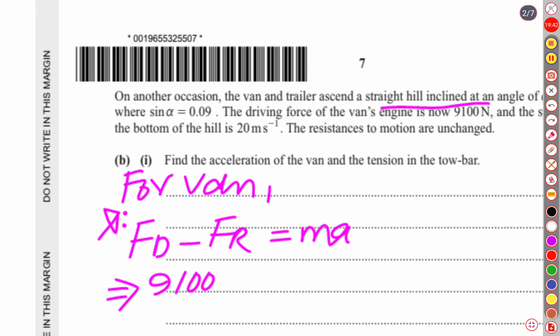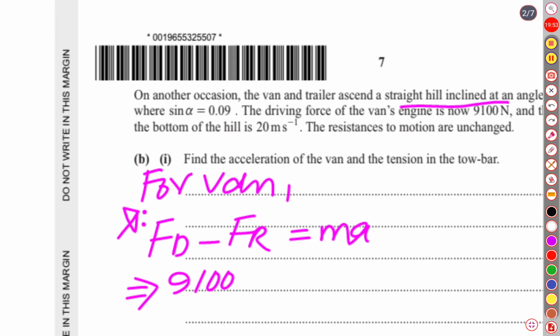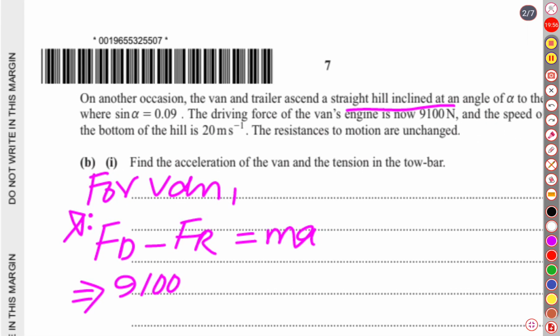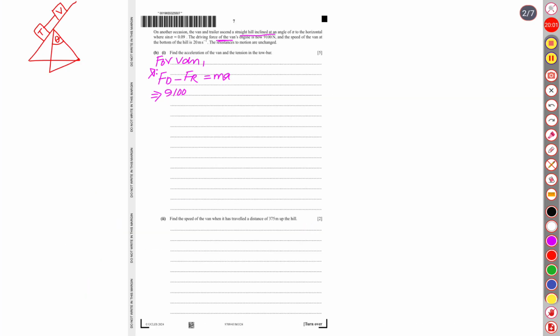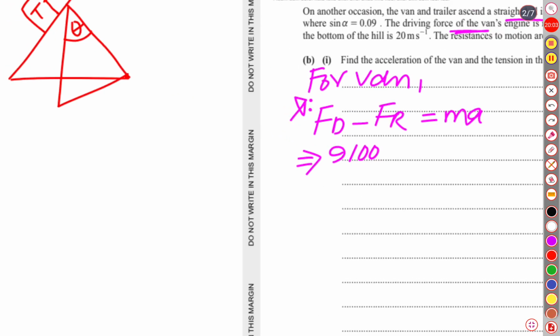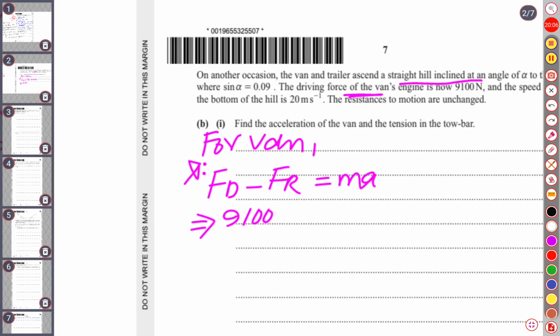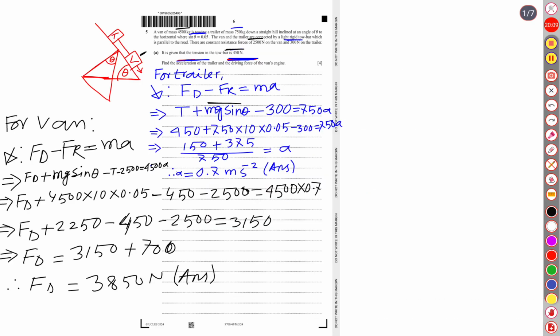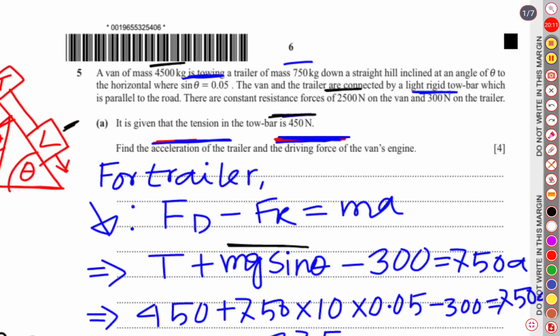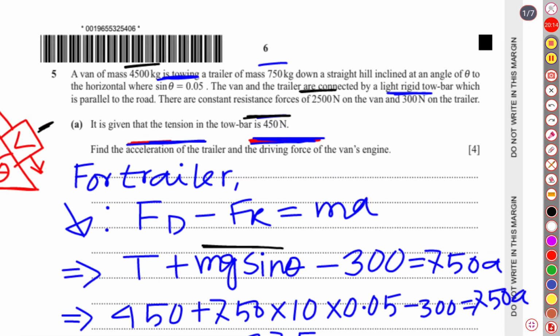Then all the other forces are negative, I mean resistance to motion. They have told us the frictional force was unchanged. So let's see how much the frictional force was in the original question. It was 2500 Newton on the van and 300 Newton on the trailer. So 2500 and 300.